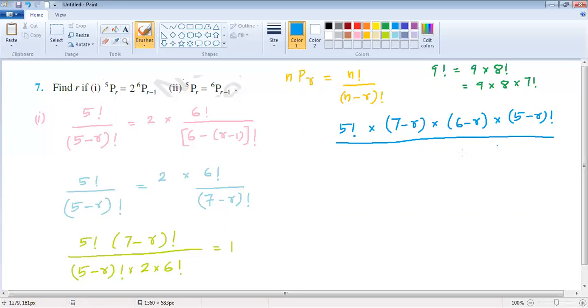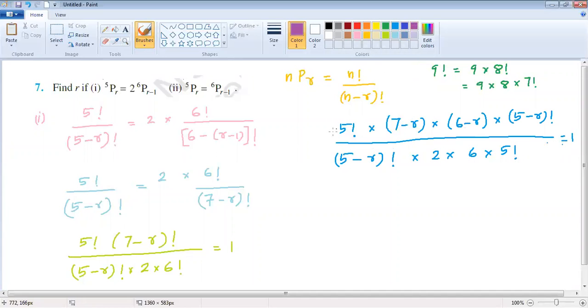The whole divided by 5 minus r factorial into 2 into 6 factorial can be written as 6 into 5 factorial, which is equal to 1.